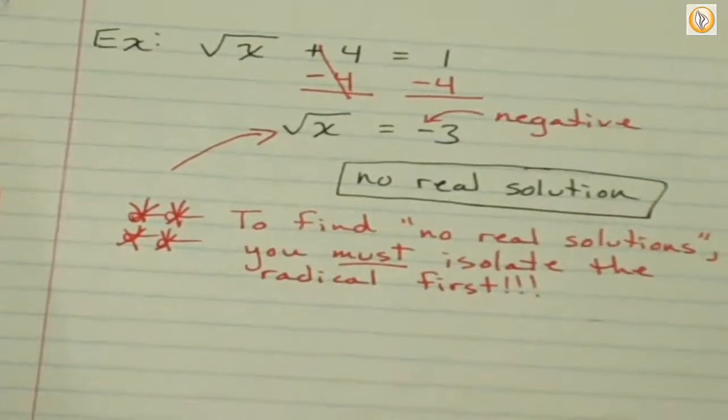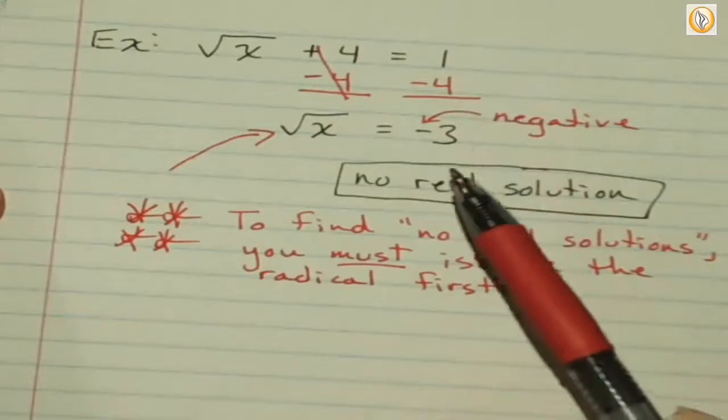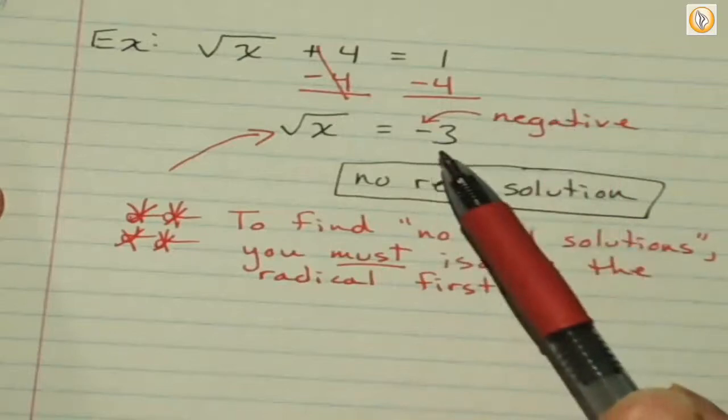You can't just look at it and see a negative over here and say, oh yeah, that's got to be no real solution, because you may do some intruder alert stuff that causes it to turn to positive.